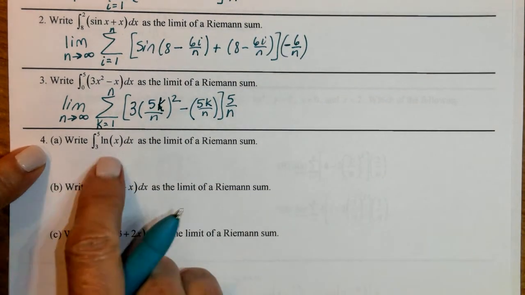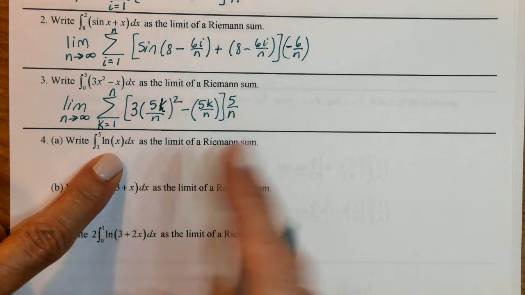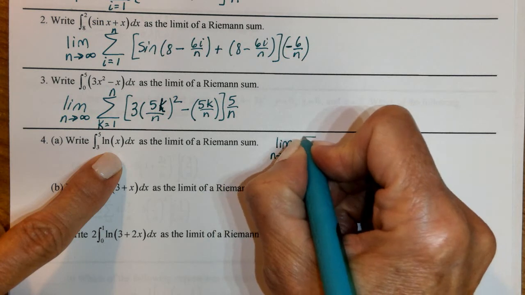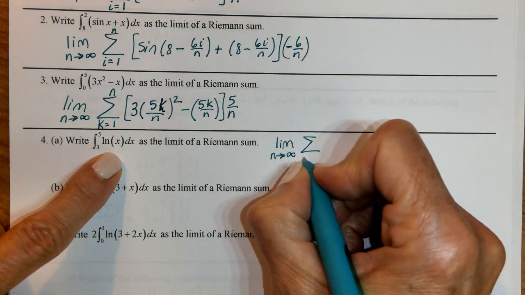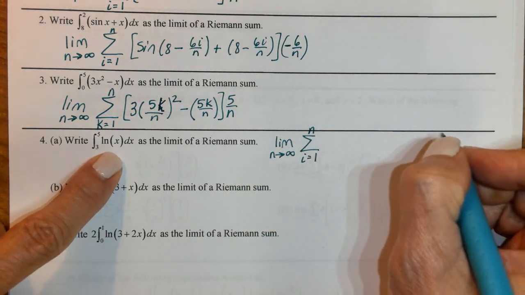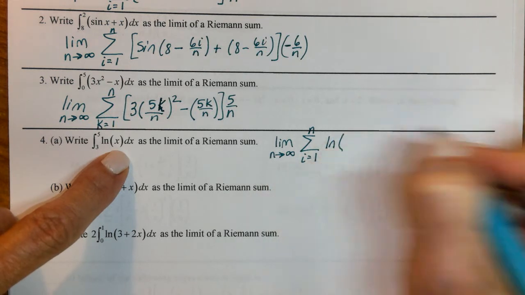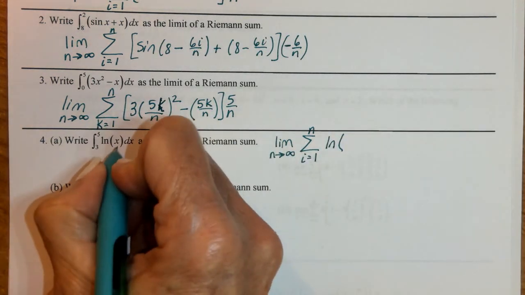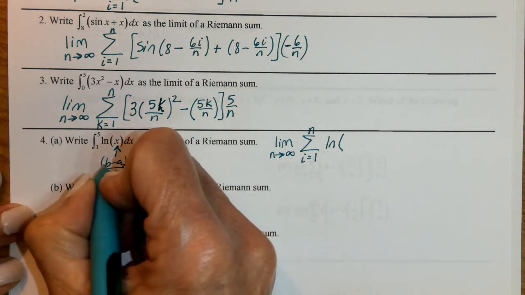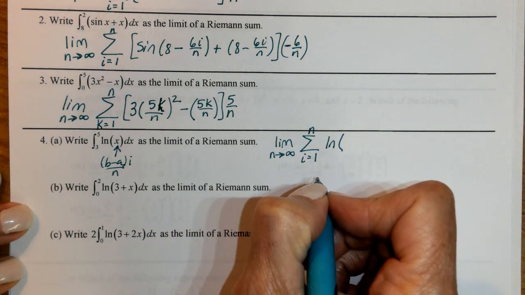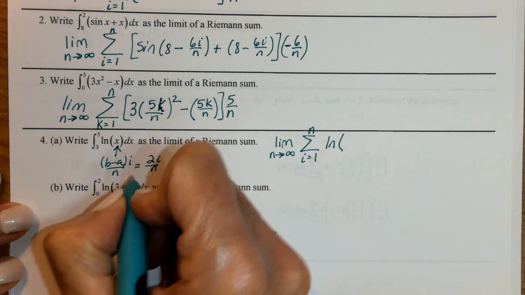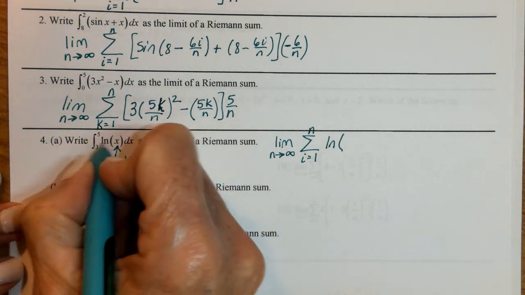4a. Let's write this as a limit of a Riemann sum. So limit, number of rectangles is going to infinity, sum, I'm going to go back to i, 1 to n. Okay, natural log of, in place of x, we're going to write b minus a over n times i, right? Well, b minus a is 2, so in place of, oh, I forgot my a plus.